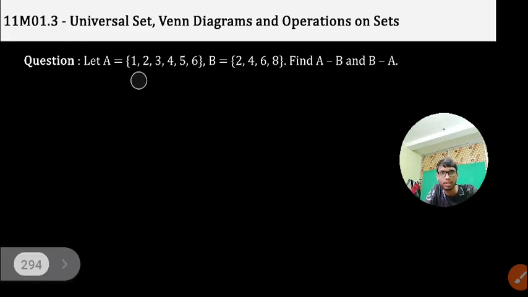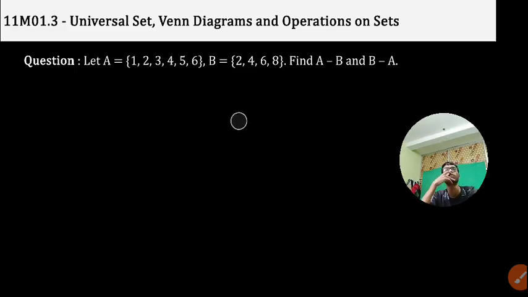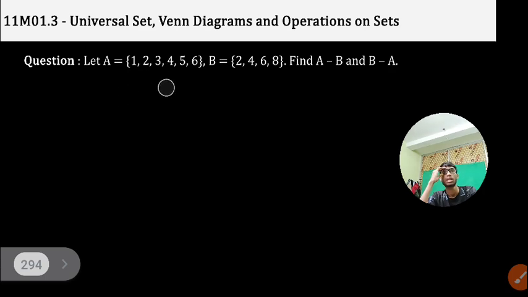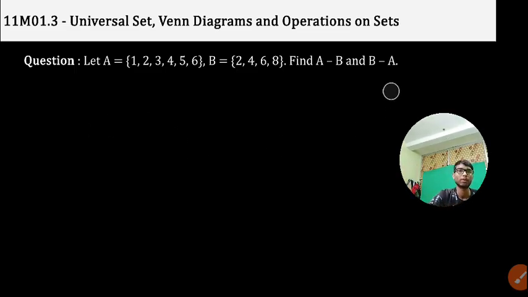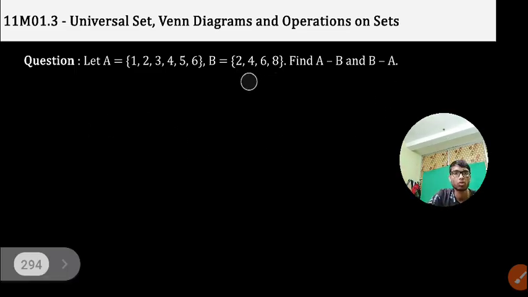Let's subtract. So here 2, 4, 6 will go from here. So 1, 2, 3 is the answer for this. A minus B will be 1, 2, 3 and B minus A, here what will it be? 2, 6.